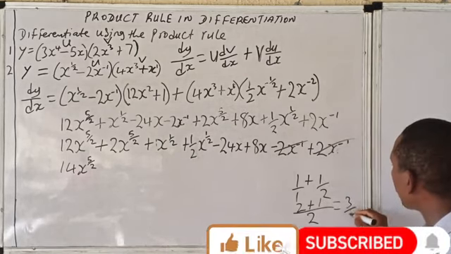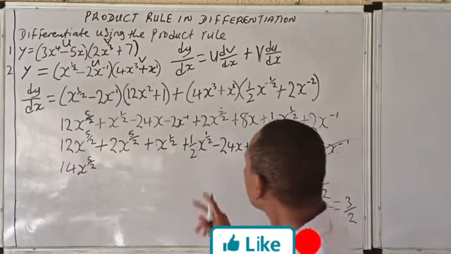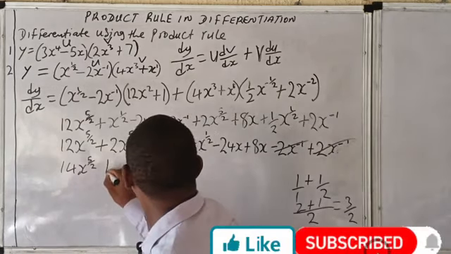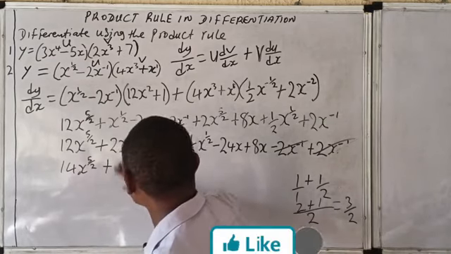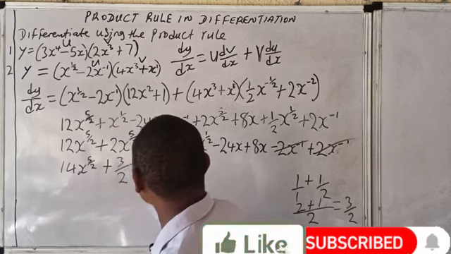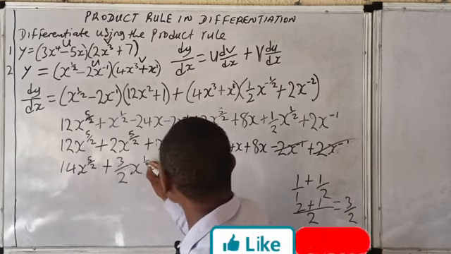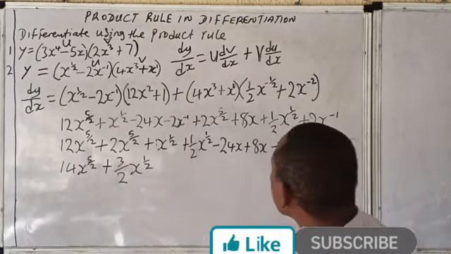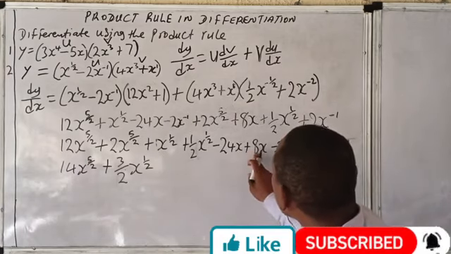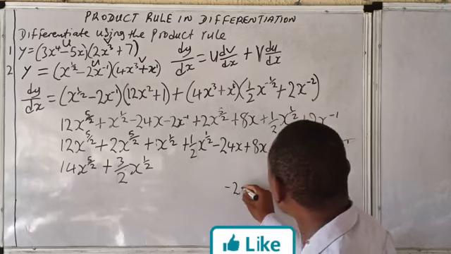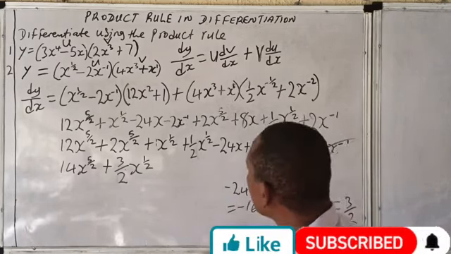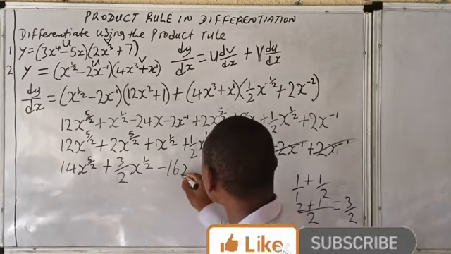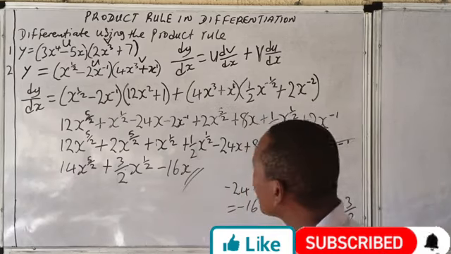So we now have 3 all over what? 2. So here, if you add these two together, you now have plus 3 all over 2. Let me write it here. 3 all over 2x raised to power half. And the last one is 8 minus 24 plus what? 8. We automatically give you minus 16. So we now have minus 16x. So this is our answer.